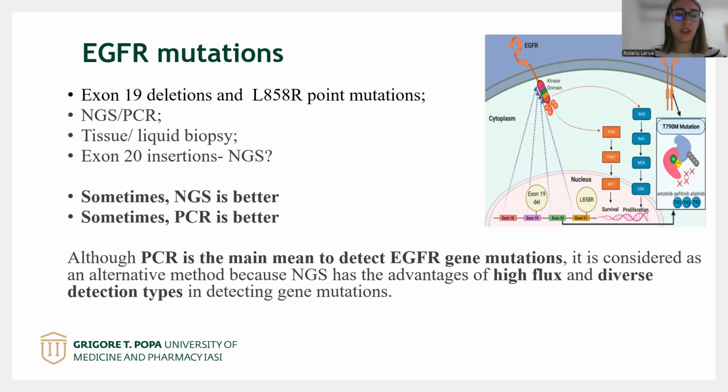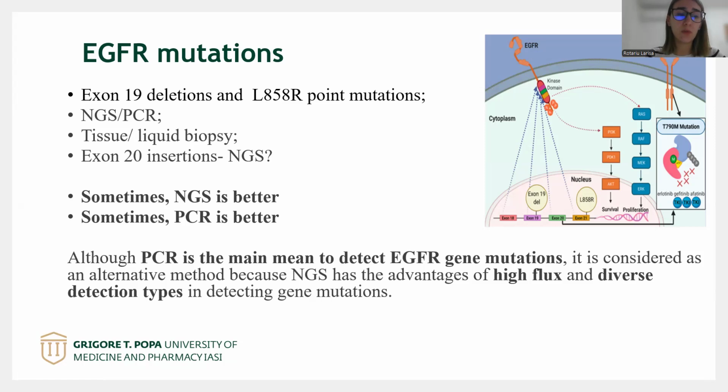For example, a group from Taiwan did a study on a group of stage 4 non-small cell lung cancers. They received the standard method, which is RT-PCR, and then they underwent NGS in EGFR ALK double wild type patients to identify potentially actionable mutations.